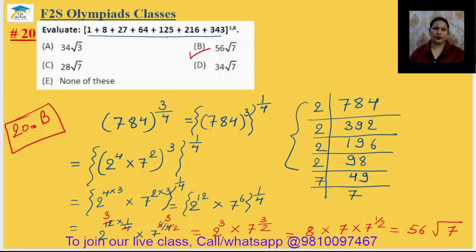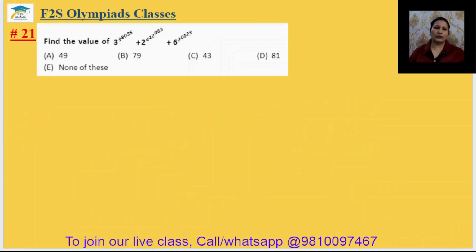Okay. Come to question number 21. Find the value of 3 to the power 3, to the power 8 to the power 0, plus 5 to the power 6. So here you can see 3 to the power 3, and this 3's power is 8, and on 8 the power is 0.